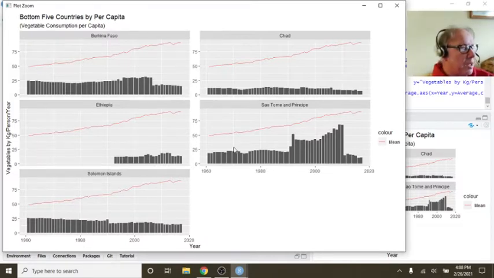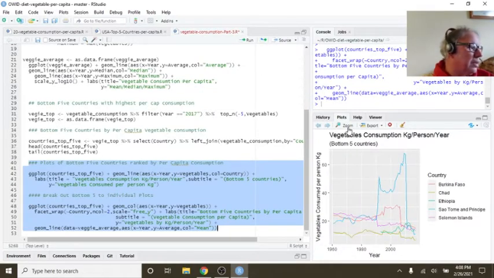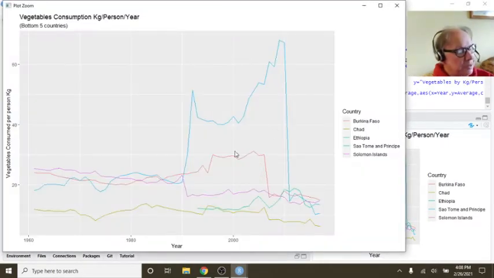And you can see these bottom 5 countries really aren't even close. Salmon is actually decreasing a little bit the last few years. Burkina Faso and Chad were all very low. Now this is the 5 countries stacked on top of each other.